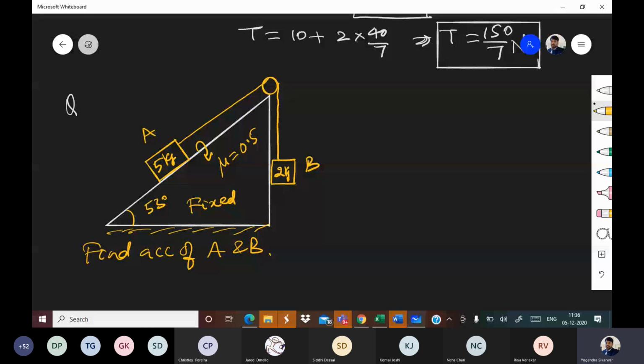Gauri is saying 0.5 meter per second square. You are getting two answers, Gauri. Okay, 5 by 7 is your final answer. Presley is saying 45 by 7.